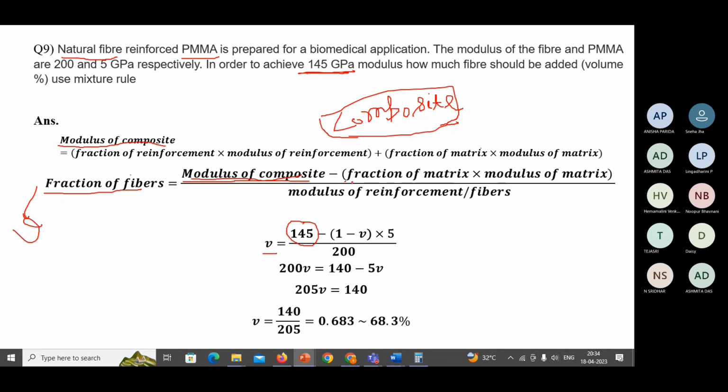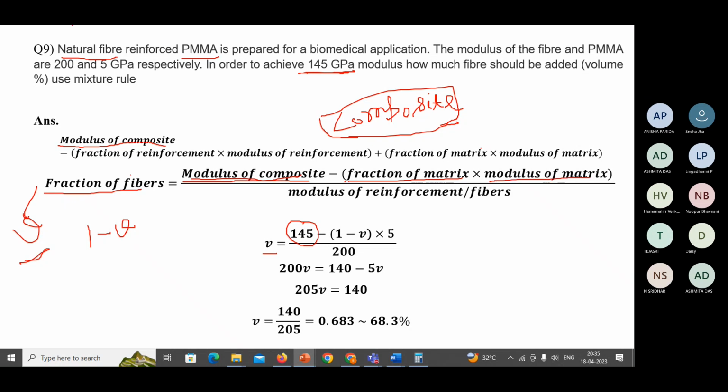Now the fraction of the matrix. If we consider there are only two components, one is the natural fiber, another one is the PMMA, so if the fraction of the fiber is V, then the fraction of the matrix will be 1 minus V. So we write down 1 minus V.